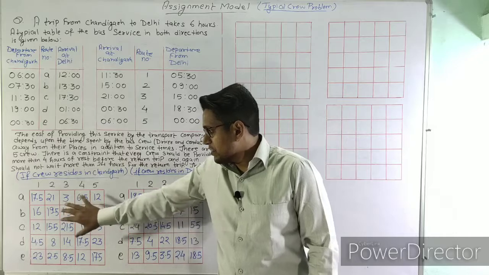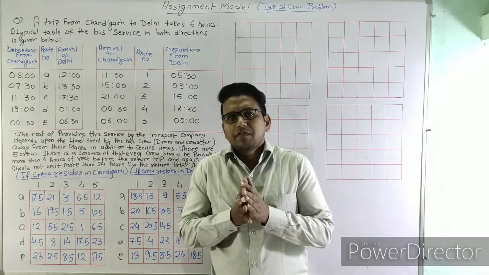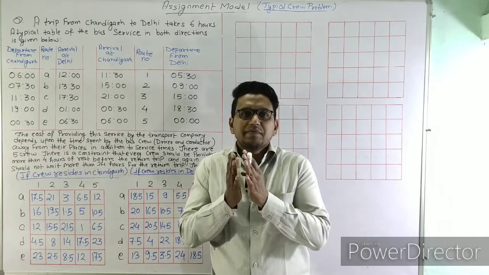So we have calculated these two values, and now we need to understand that our objective is that the crew spends minimum time at the company's facility.